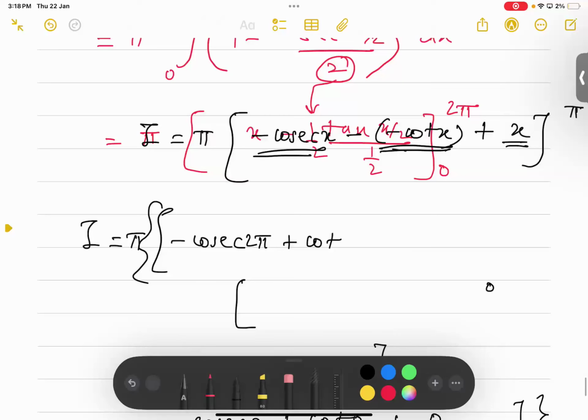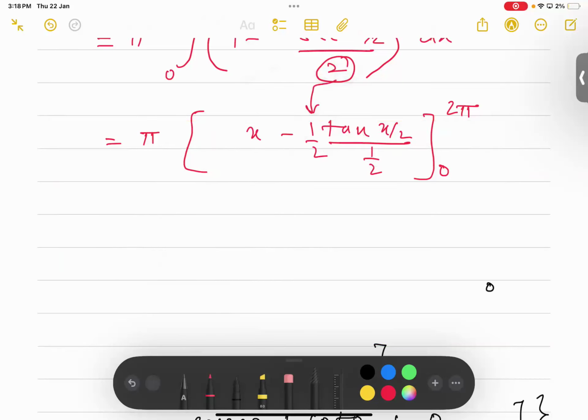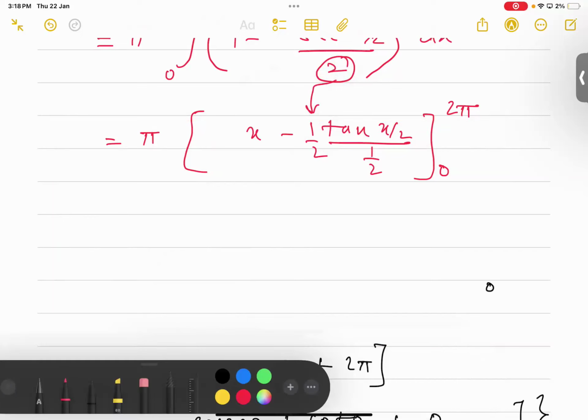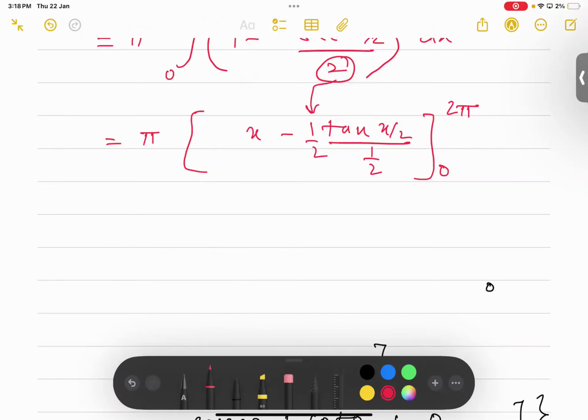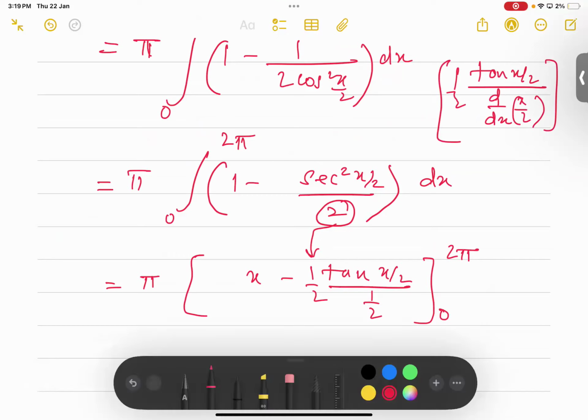Just d by dx of x by 2. So this is half tan x by 2 upon d by dx of x by 2, and that d by dx of x by 2 is half. Now see, 2 and 2 are getting cancelled.